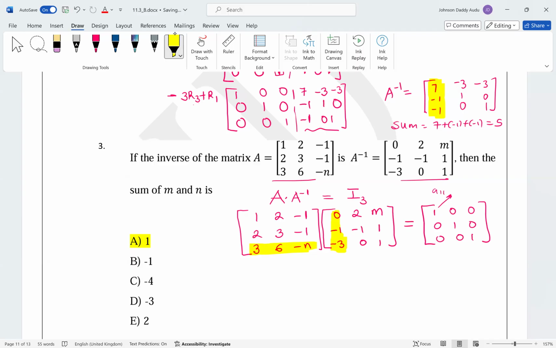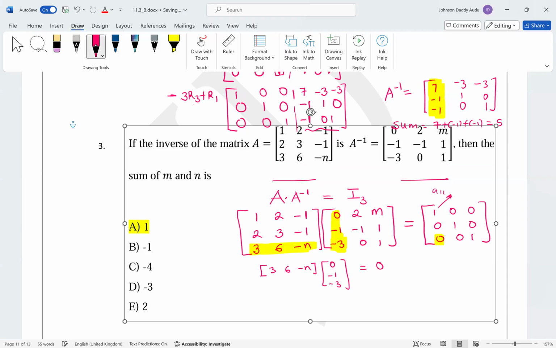So it's going to give you A31, which is 0. So what we'll simply do is we will write 3, 6, minus n multiplied by 0, minus 1, minus 3. We know it's going to give us 0. So it means we can find n.